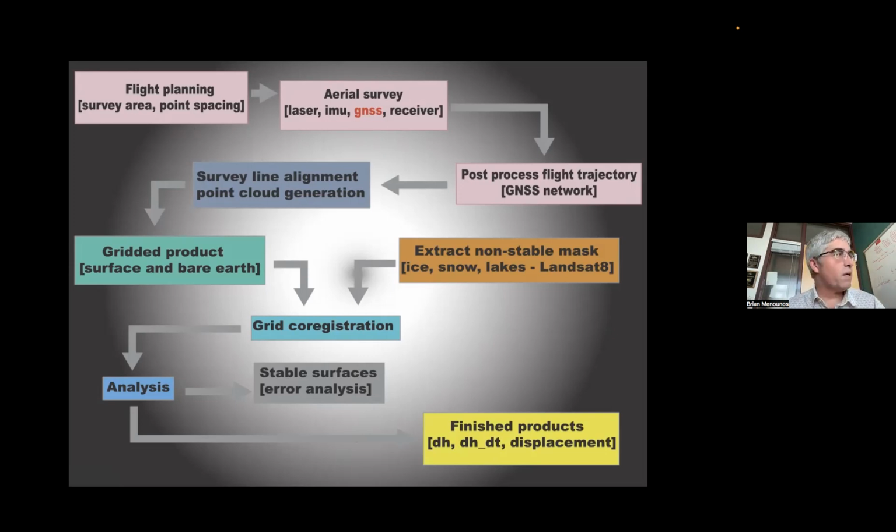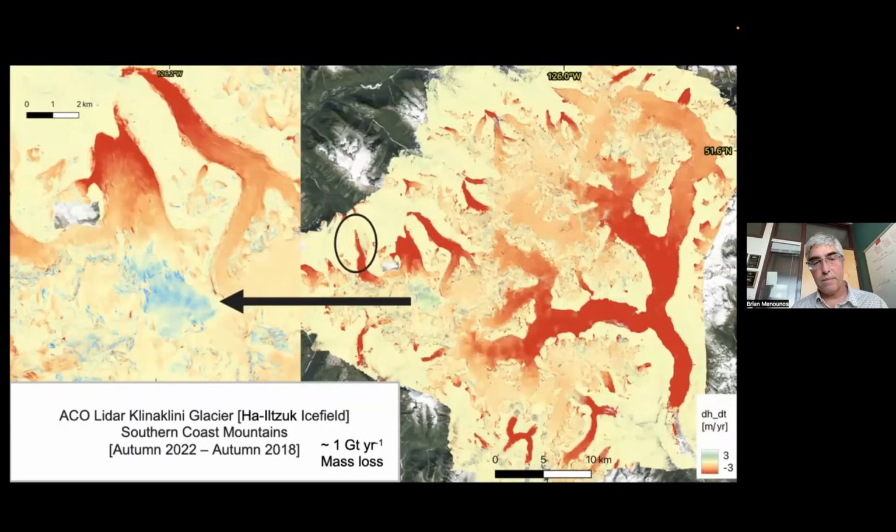And that's simply because if you're in really steep mountainous terrain and your horizontal offset is a little too much, then you can get a lot of vertical change, which is not real. It's just because the elevation models are misaligned. So you have to ensure that those are aligned.